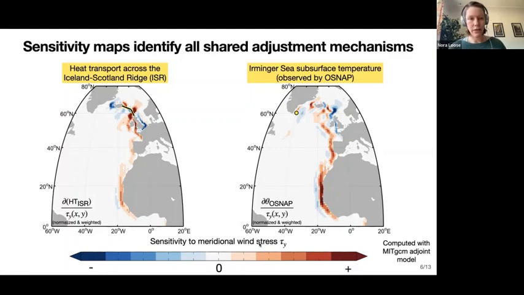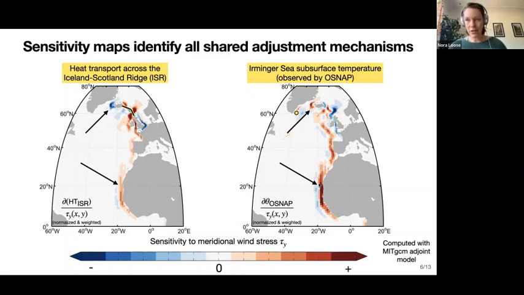And we immediately notice that both of these metrics show sensitivity to wind west of Iceland and wind west of Africa, as we expect after these forward perturbation experiments that I've shown you earlier, right? And we also see that the sensitivity to wind west of Iceland is of opposite sign, while the sensitivity to wind west of Africa is of equal sign. And that is totally consistent with this anti-covariation and covariation that we've observed earlier in the forward perturbation experiments.